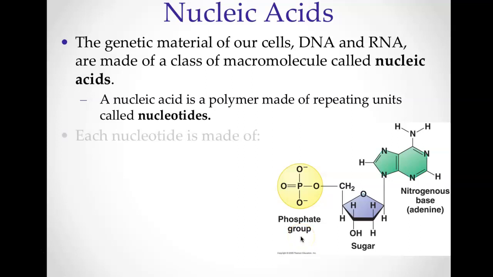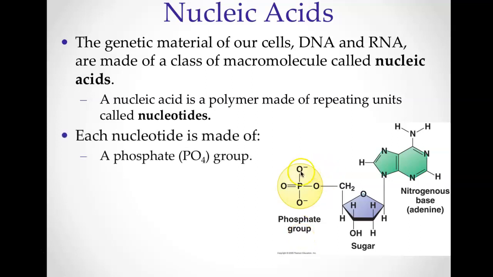And they have 3 parts: a phosphate group, a nitrogen-containing base, and just to give you a little preview, this nitrogen-containing base is where you get that ATCG that you probably learned about in middle school. And then you have a sugar. And so remember, for DNA, it's deoxyribose, and for RNA, ribose is what the sugar is going to be called.